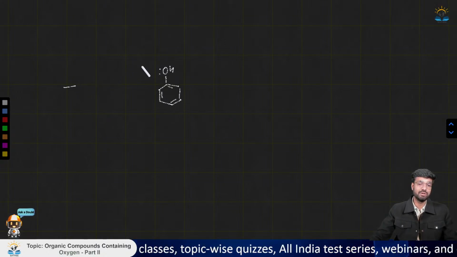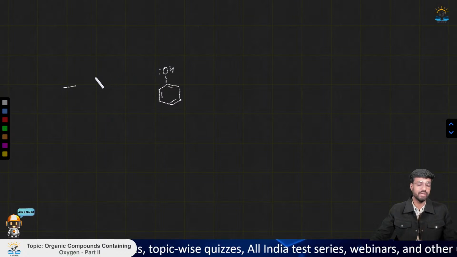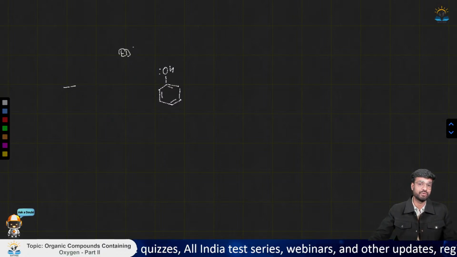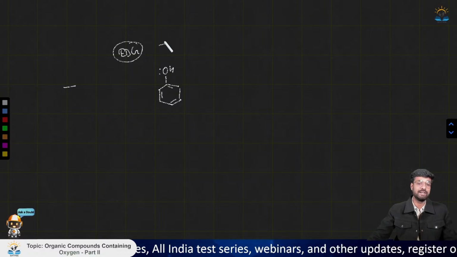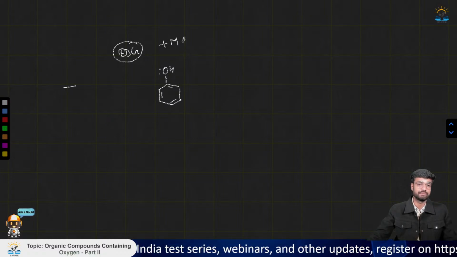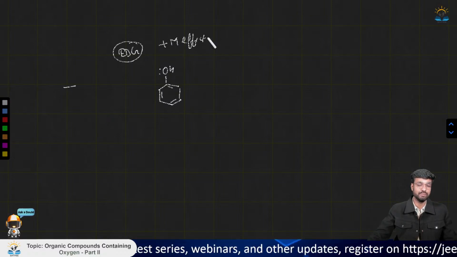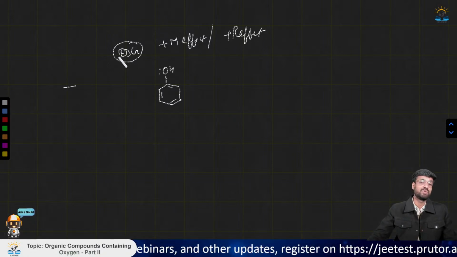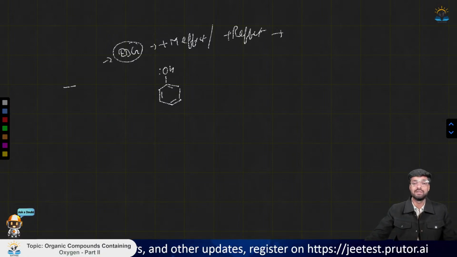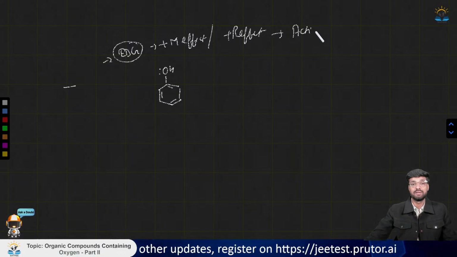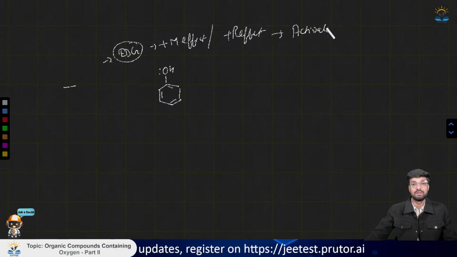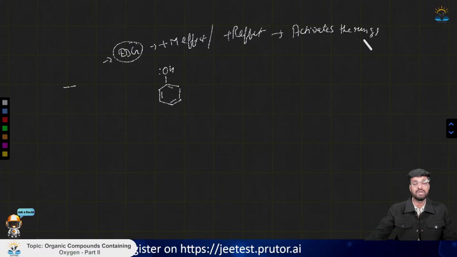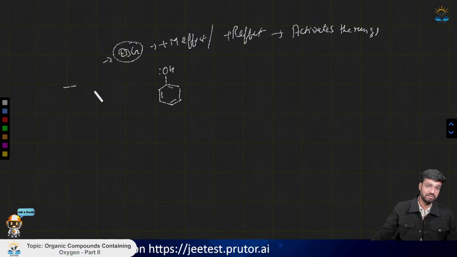So it is an electron donating group through the plus M effect, or you can say plus R effect. And one more point is that it activates the ring. So these are some important points about this phenol.